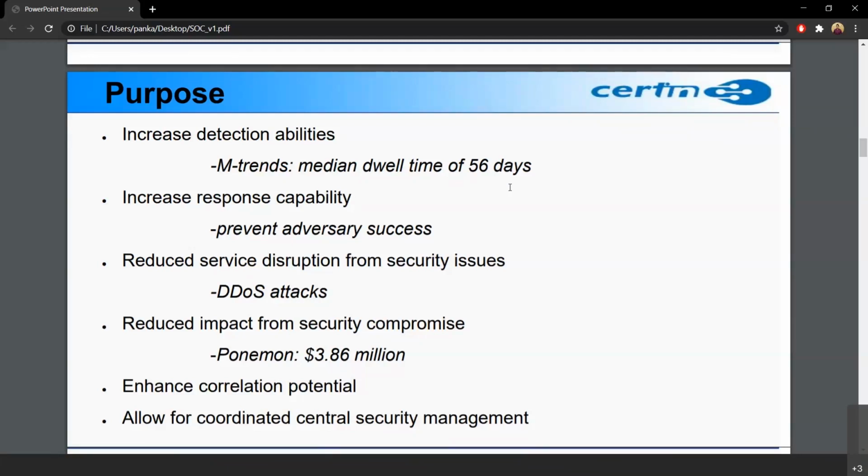Then, reducing the impact from a security compromise. Suppose there is a breach that has occurred. Now, the Ponemon Institute and IBM, in a report, suggest that about $3.86 million is the estimated cost of a data breach. So the cost is huge. We generally find it very difficult to estimate this kind of value.